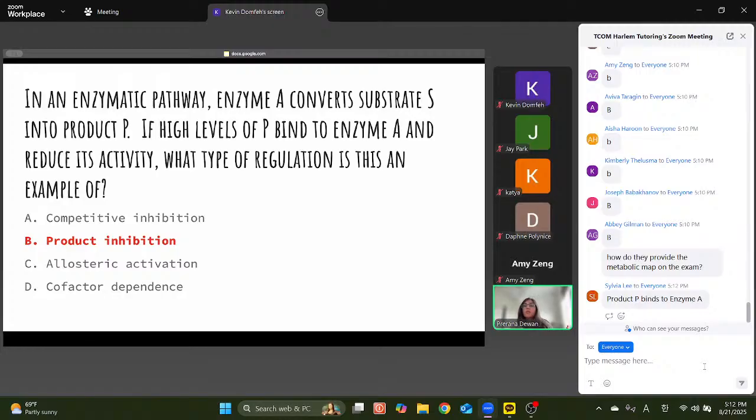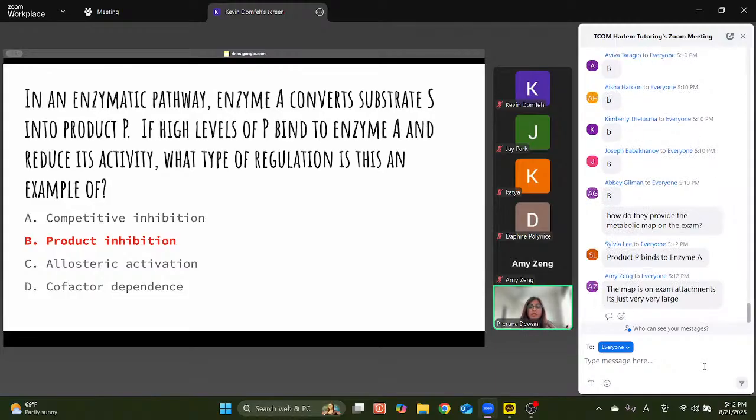You don't want to have overaccumulation of that product. So in this question, we see that there's high levels of the product being made and it's binding specifically to the enzyme to reduce its activity. So it's kind of in the term, it's showing that the product is inhibiting because there's an overproduction of it, if that makes sense.